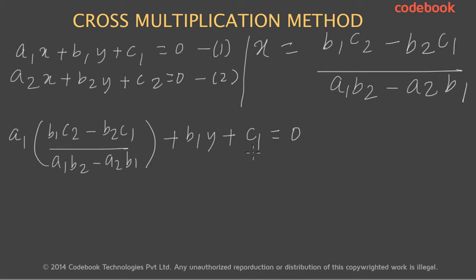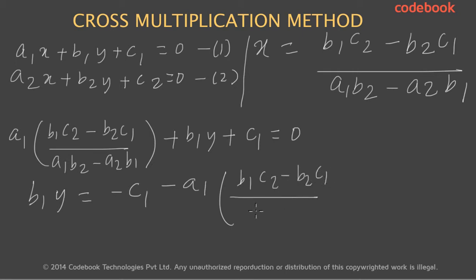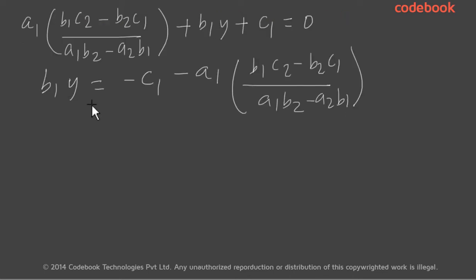So let's take every term to the right hand side except for y. So that becomes b1y is equal to minus c1 minus of a1 times b1 c2 minus b2 c1 by a1 b2 minus a2 b1.